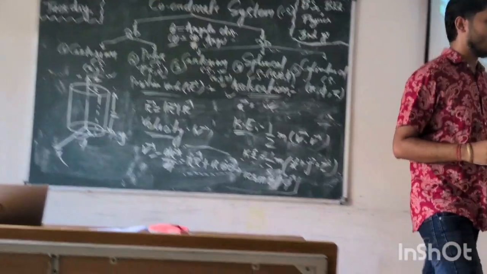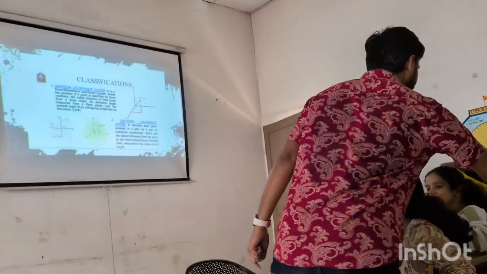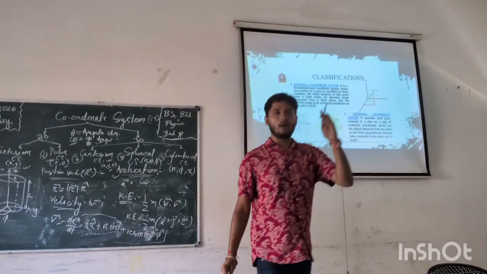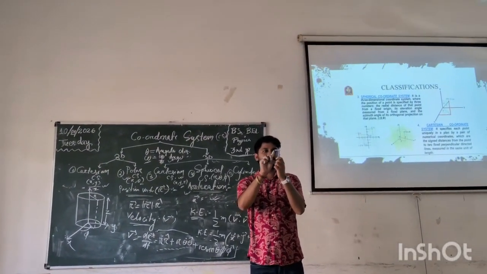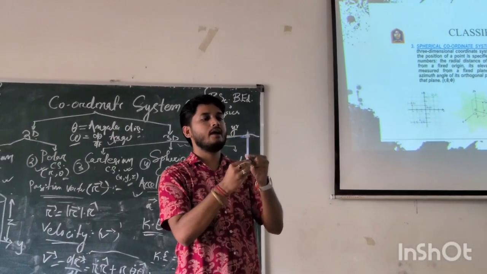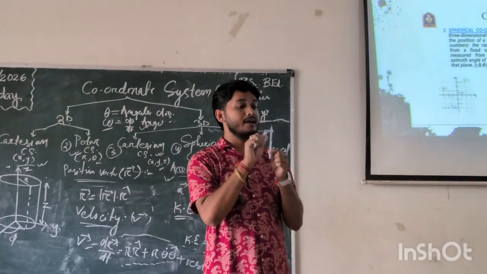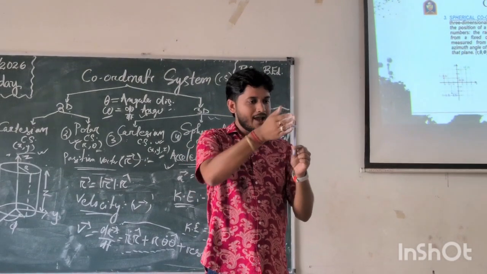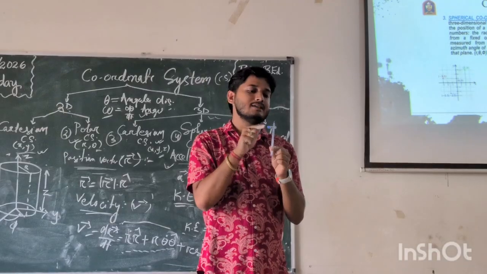Suppose this pen is the pole along the z-axis, and the angular displacement is phi.